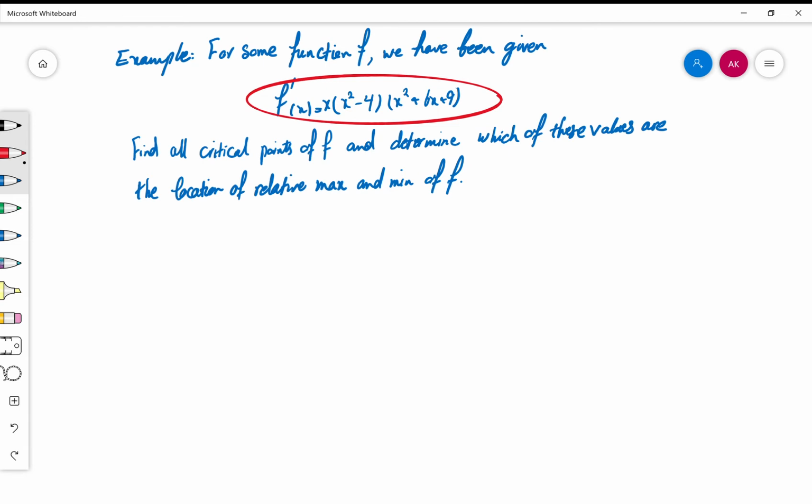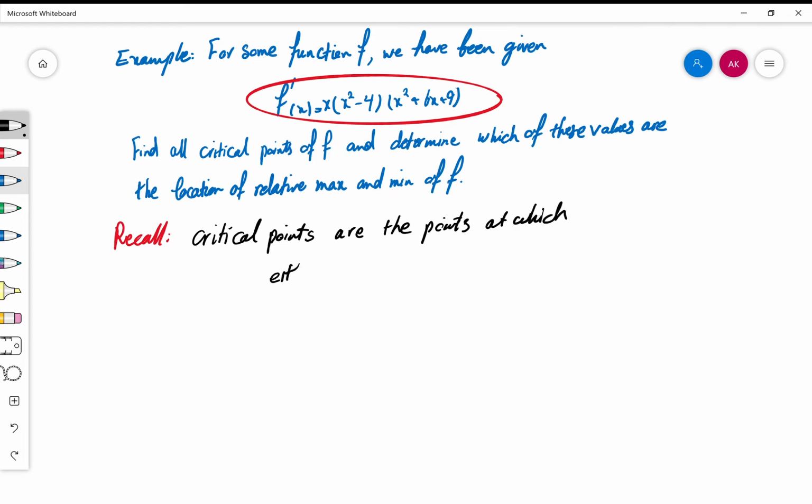Okay, so we will start with recalling that critical points are the points at which either f prime is not defined, in other words, f is not differentiable, or f prime is defined and is equal to 0.